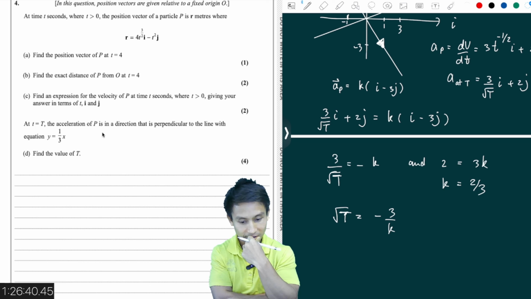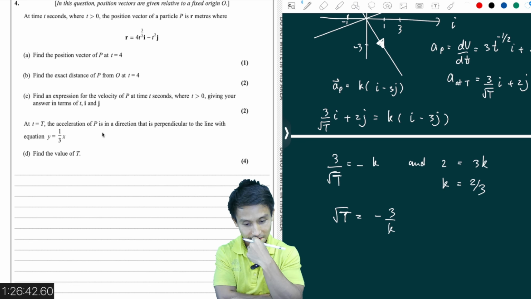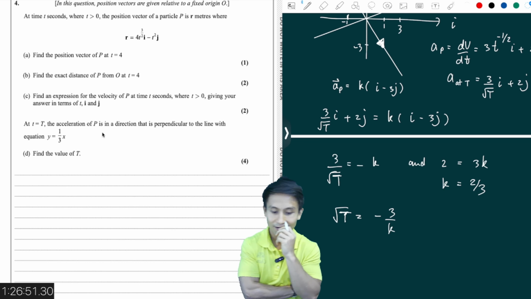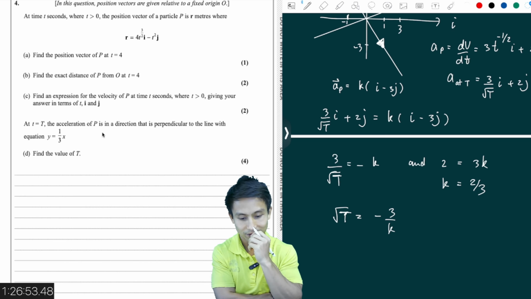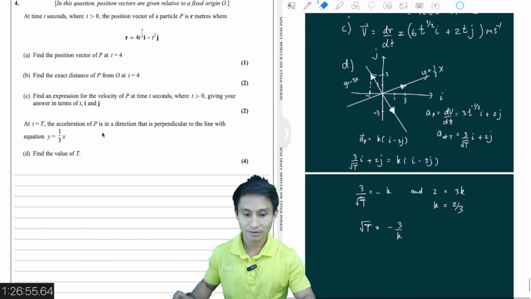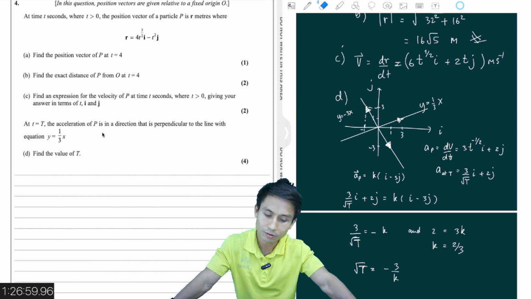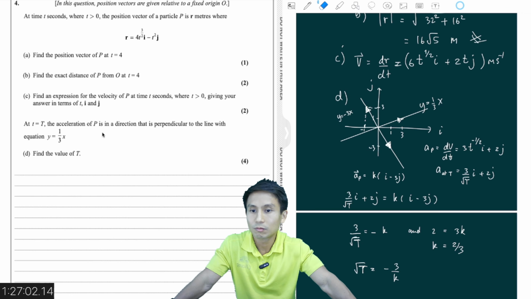It's not going to work there. k is still a negative. That doesn't make sense. What am I missing?